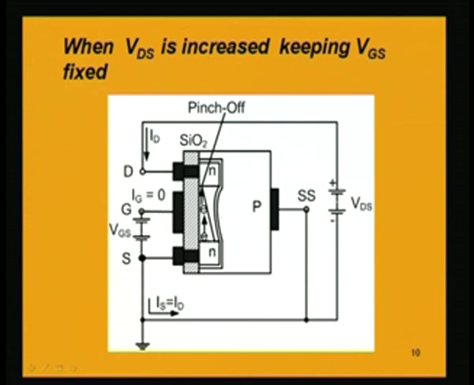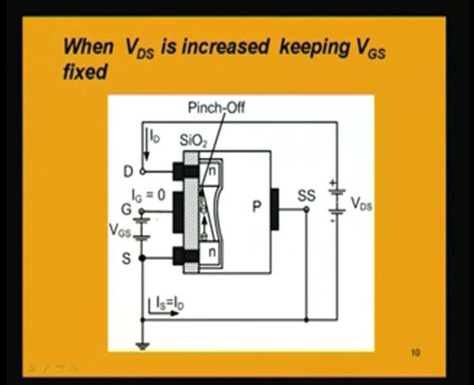This width will be maximum when it is at the source, and if we go up, this channel width will be reducing, it will be tapering towards the drain, because the width of the channel depends upon the available voltage between the gate and the drain.